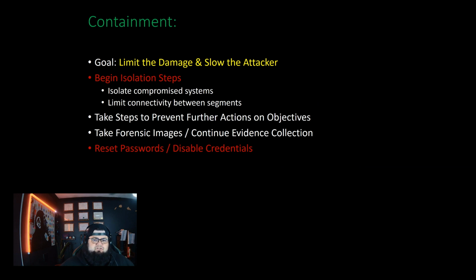Containment is where we start trying to limit the damage of the attacker or maybe slow them down. We can start by isolating environments. So if we know there's some compromised systems, maybe we start pulling that stuff off to the side so we can investigate it. Maybe we start taking things that look at risk and reducing the access to those environments or blocking them from more sensitive parts of the network, right?